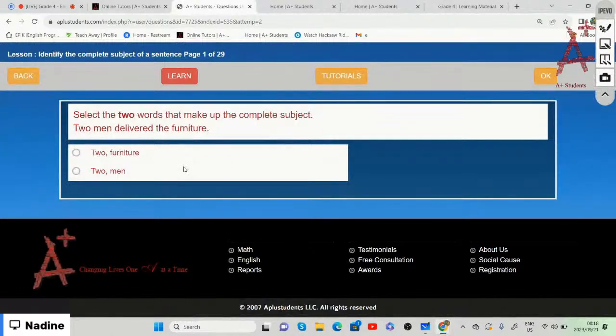We need to select the two words that make up a complete subject. Two men delivered the furniture. Is it two and furniture or two and men? We need to select the correct words to make up the complete subject.